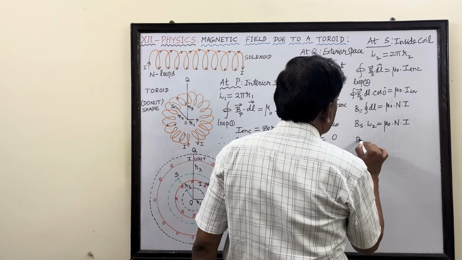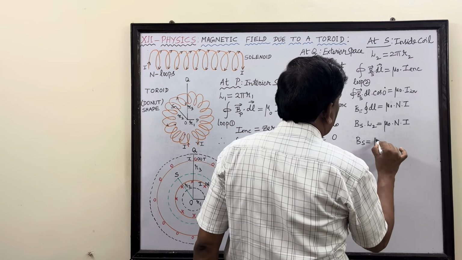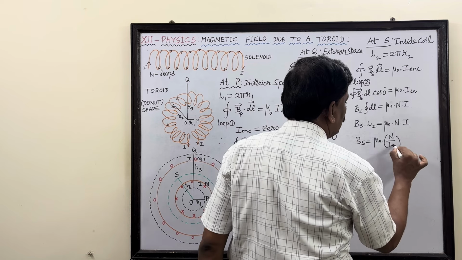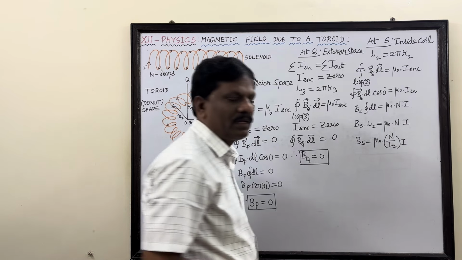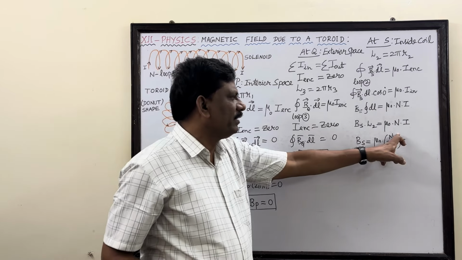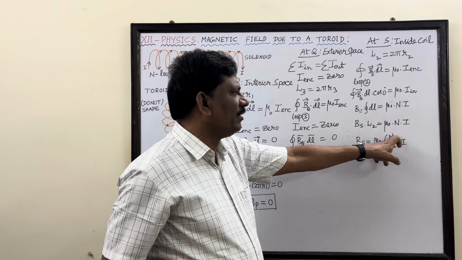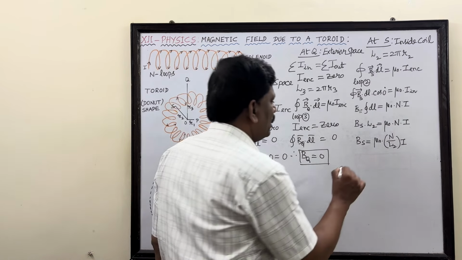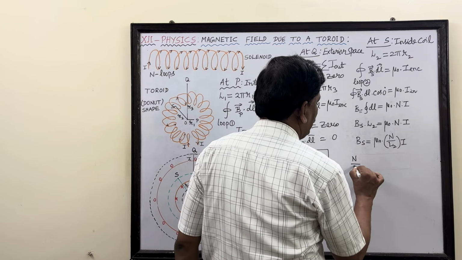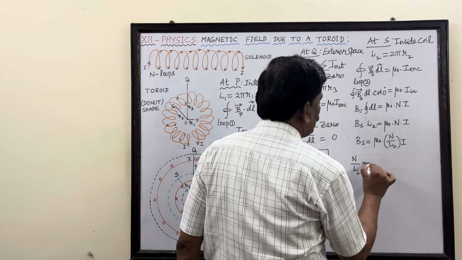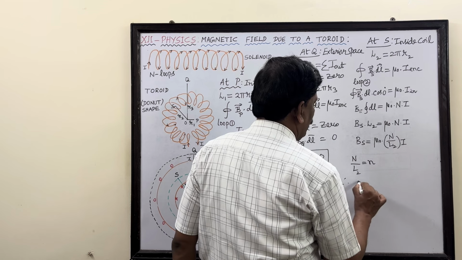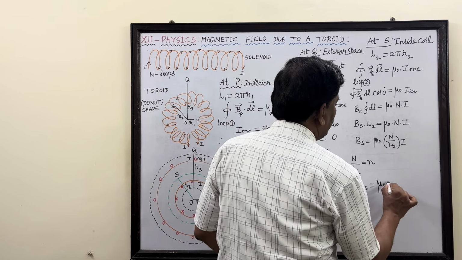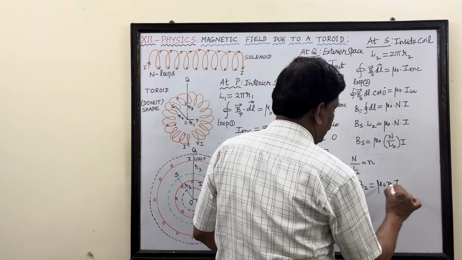So now Bs must be equal to mu naught into N divided by length L2 into I. Now the total number of loops divided by the length of the loop must be equal to small n. So N divided by L must be equal to small n. Therefore, Bs is equal to mu naught into n into I.